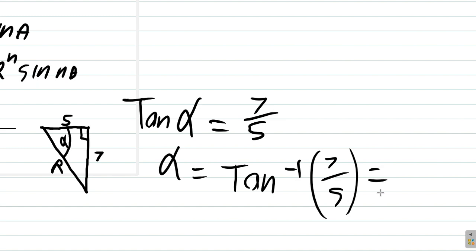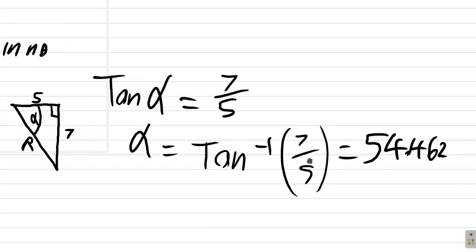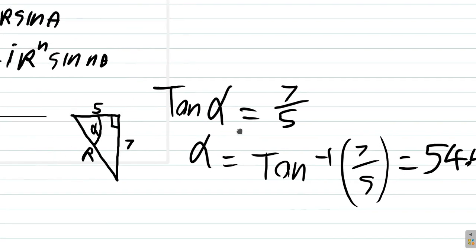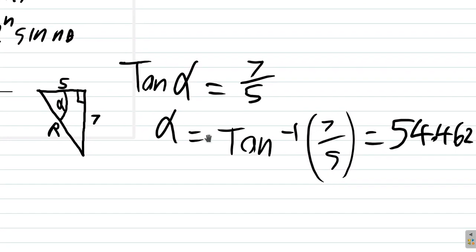With a calculator, 7 over 5 equals 1.4. When you tan invert that, you get 54.462 degrees. I'm just keeping it to 3 decimal places while working it out. So that is the angle that we get here.